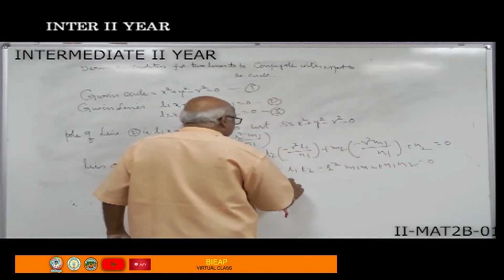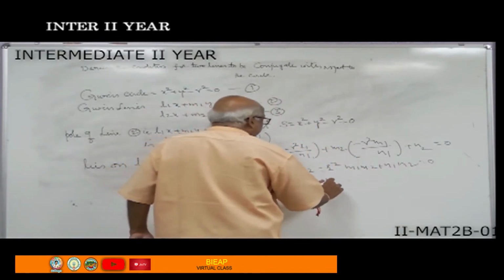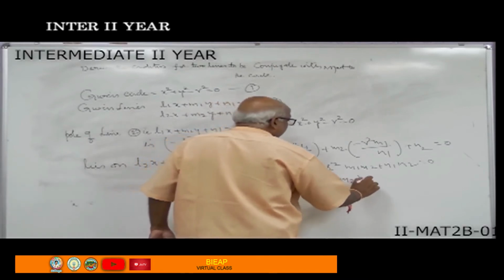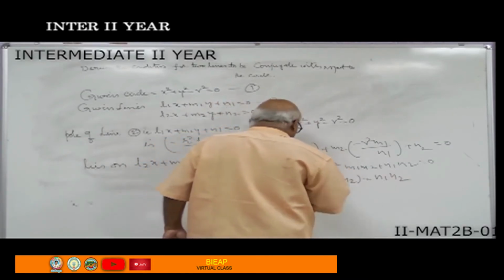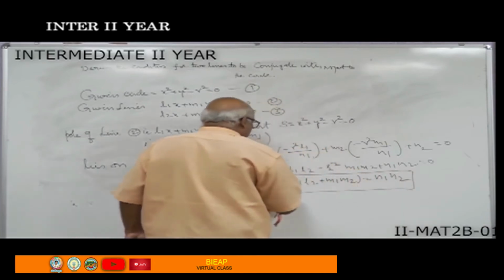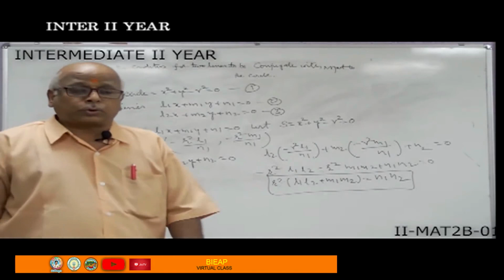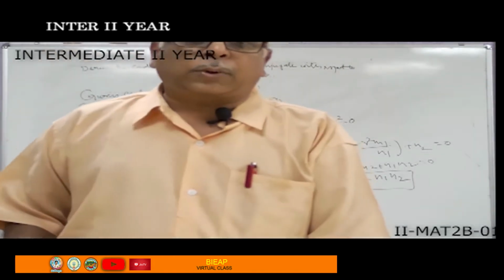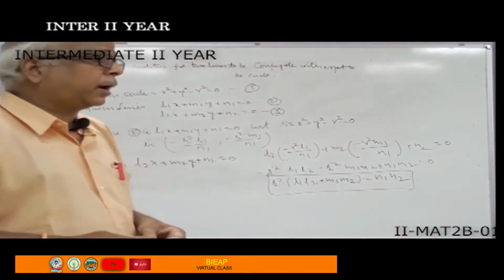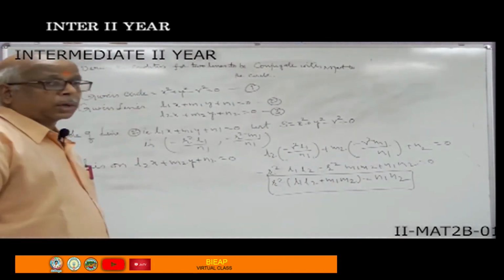So r square into L1 L2 plus M1 M2 equals N1 N2. When the circle equation and two lines are given, we can decide whether those two lines are conjugate using this formula.